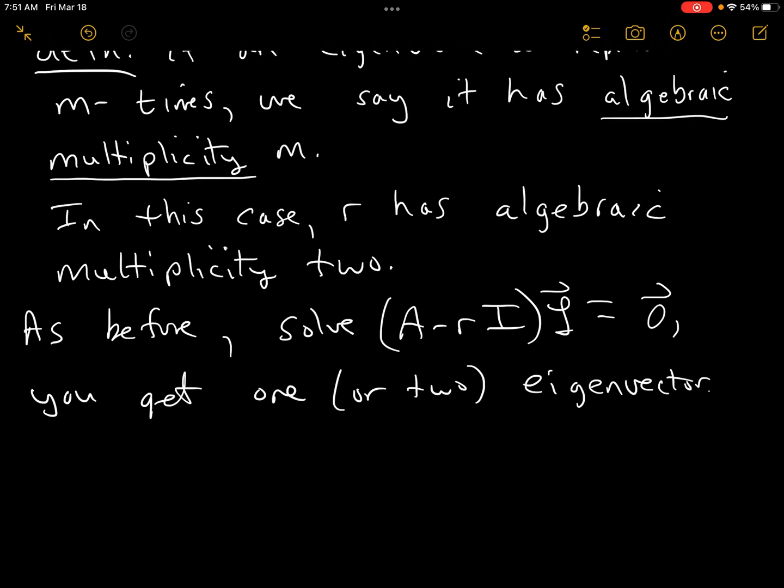The case where we have 2, I'll deal with later. But almost always we get 1 eigenvector for this repeated root.